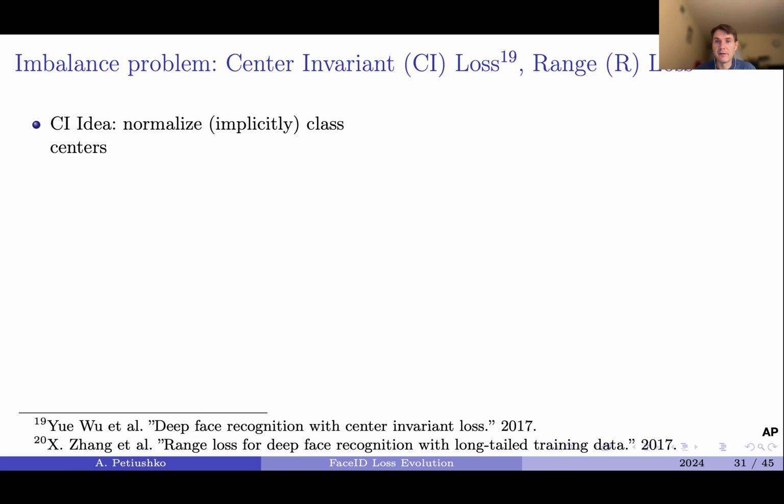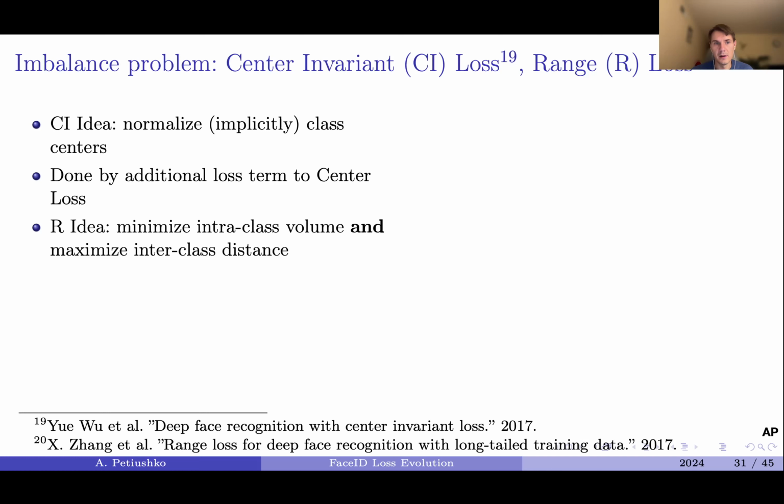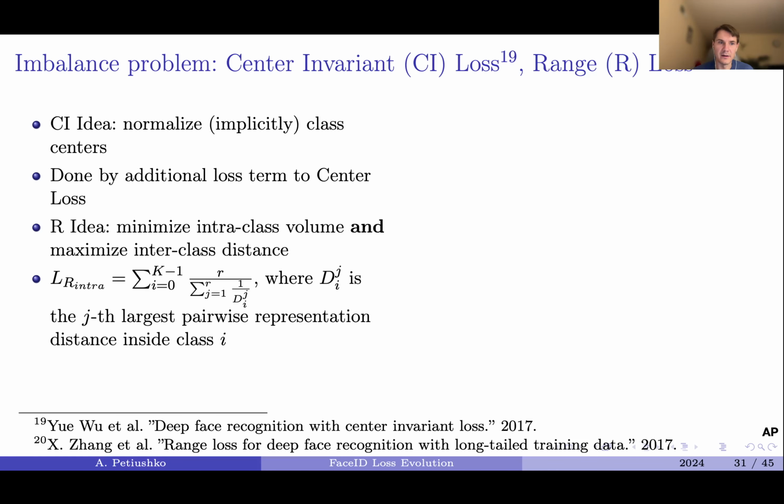A couple of adjustments for imbalanced datasets are called center invariant loss and range loss, denoted by the letters CI and R. The center invariant loss idea is to implicitly normalize the class centers, and it's done by an additional loss term to center loss. When talking about range loss, we have two ideas: minimize intra-class volume and maximize inter-class distance.